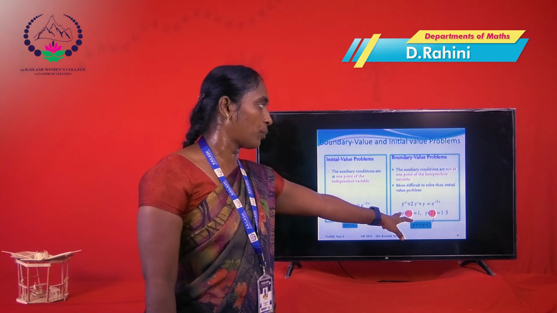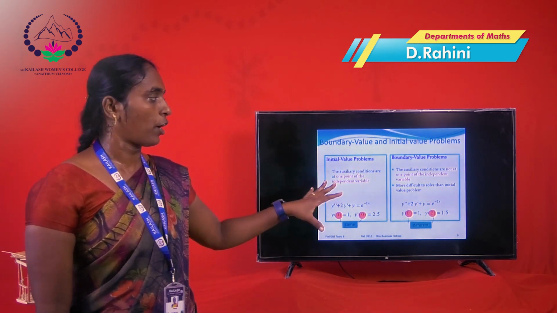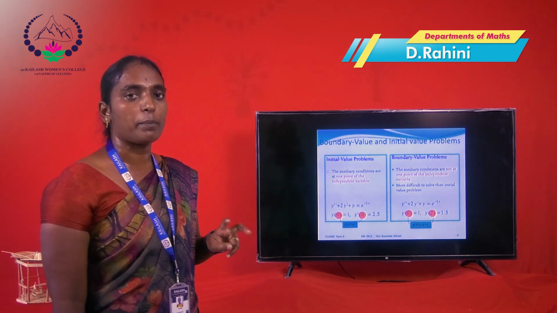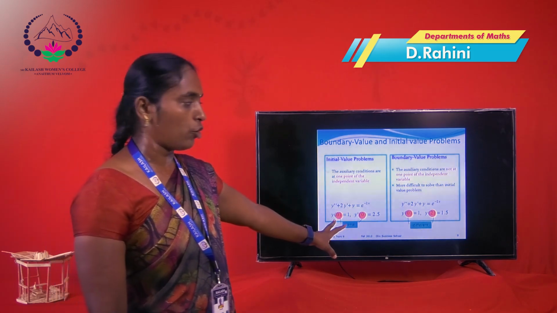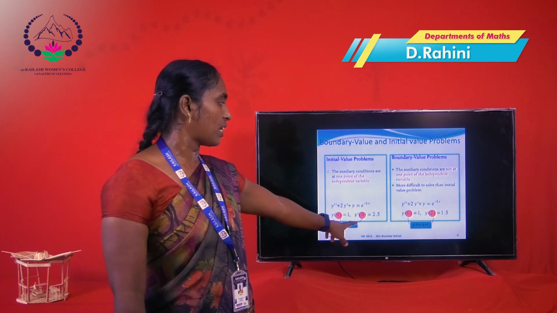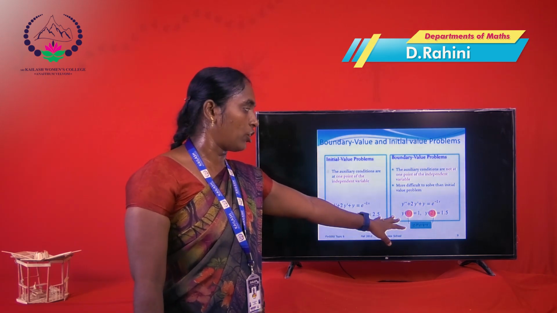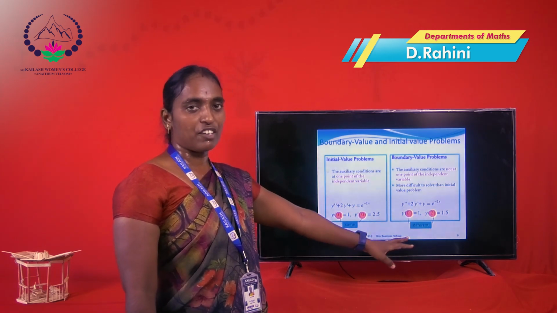In boundary value problem, the conditions are not at one point of the independent variable. Here we use one or more independent variables. So these are the two differences between initial value problem and boundary value problem. Here the independent variable is 0 and in boundary value problem the independent variables are 0, 2. So that is a difference.